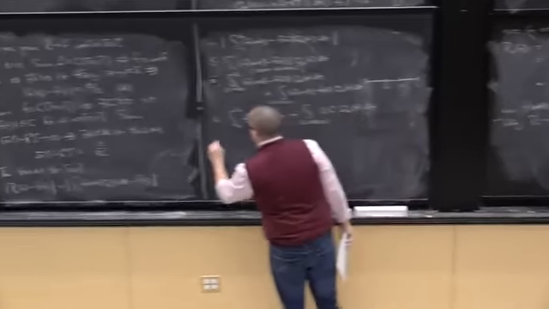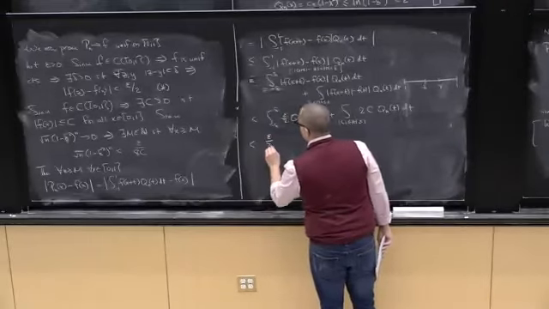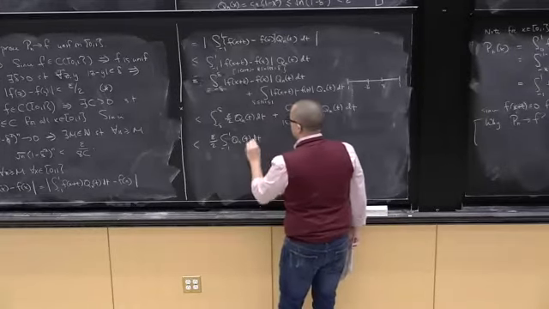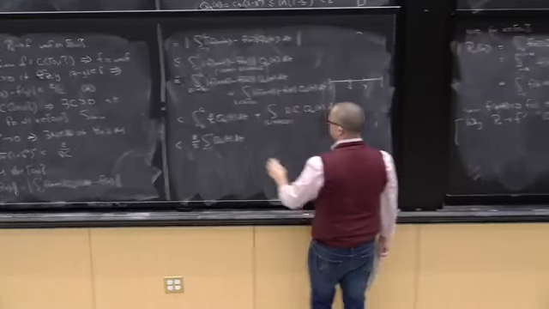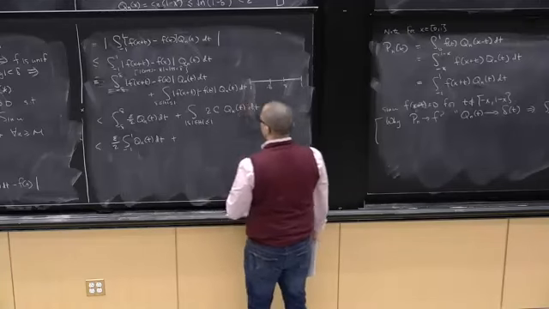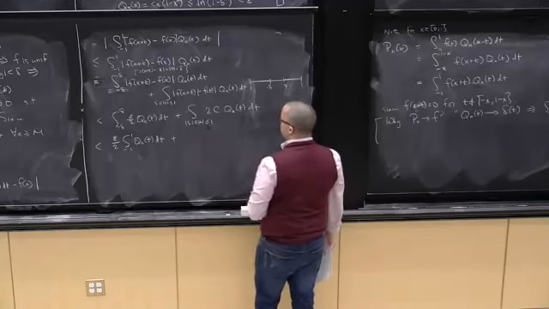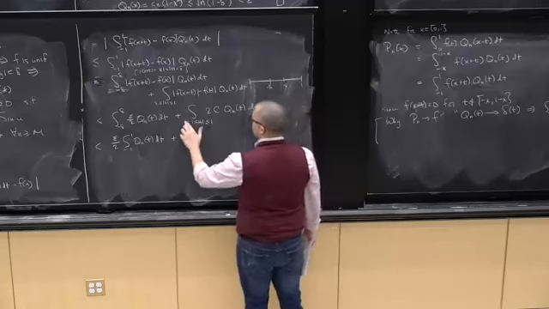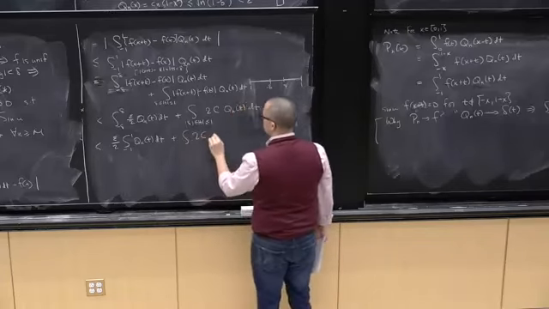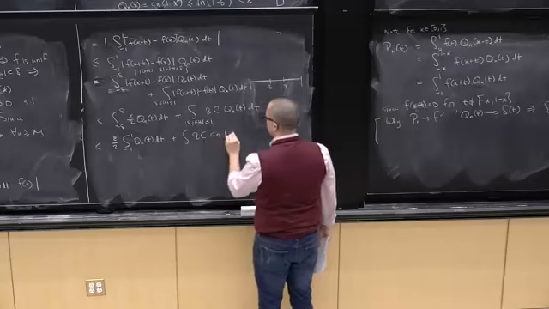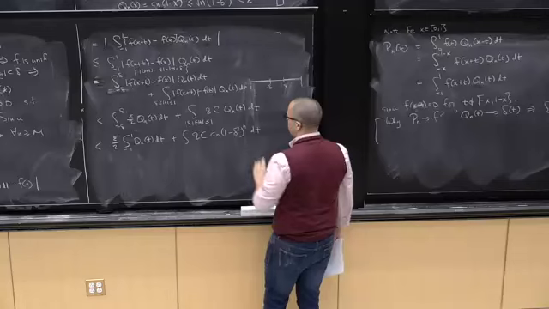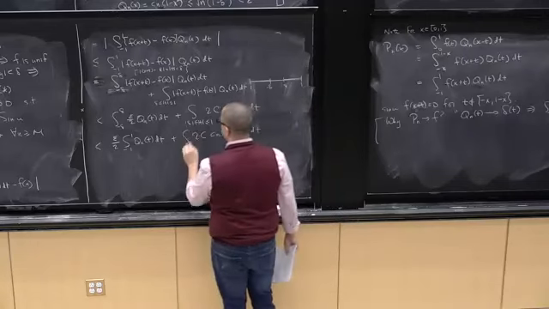Now, this is less than epsilon over 2 times the integral from -1 to 1, which just gives me 1, plus 2c times q_n of t on this interval, which is, again, 2c times c_n times (1 minus delta squared) raised to the n dt.